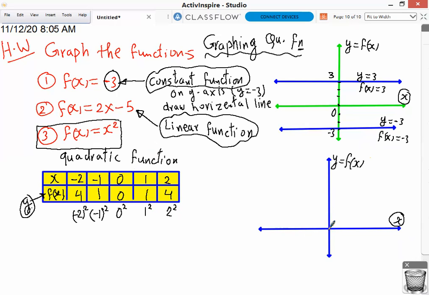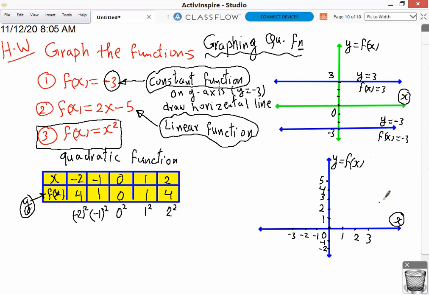Then, according to this, here is 0, 1, 2, 3, 4, and so on. 1, 2, 3. The other side, -1, -2, -3, and now -1, -2.